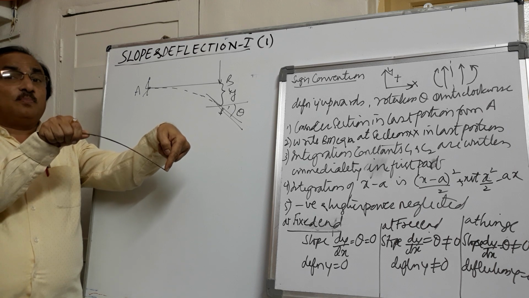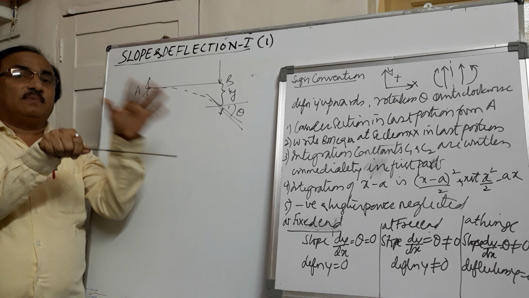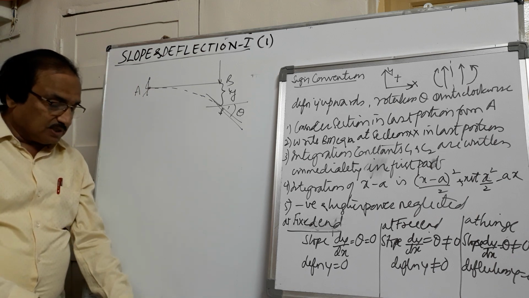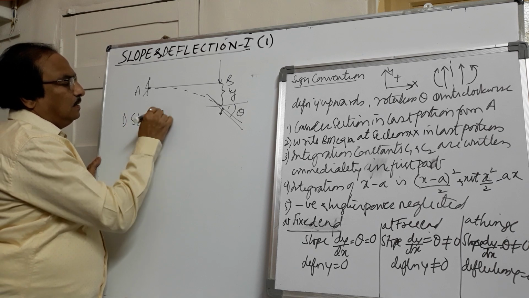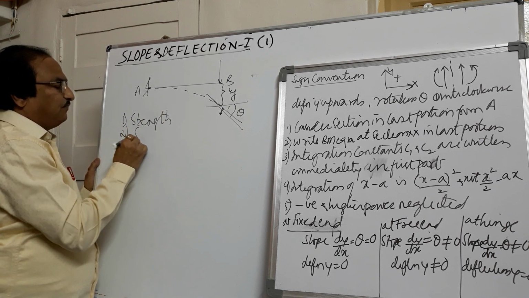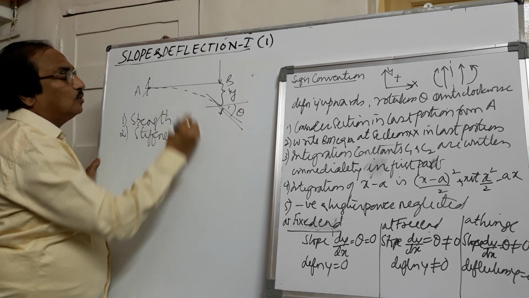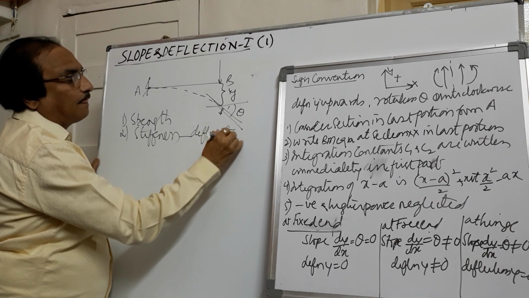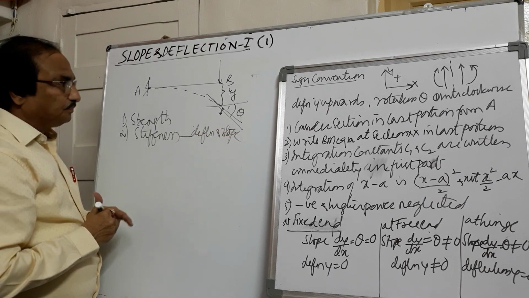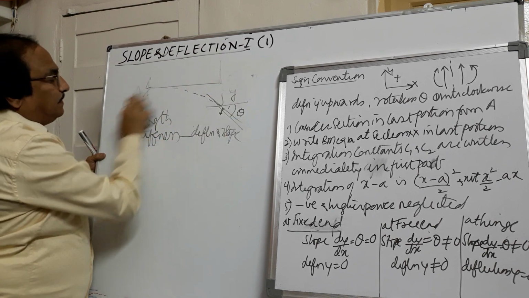This deflection depends upon the stiffness of the member. So whatever deflection is taking place should be within the permissible limits. So there are two criteria: one is the strength criteria and second is the stiffness criteria. Stiffness criteria is related to the slope and deflection. Now let us see some examples.